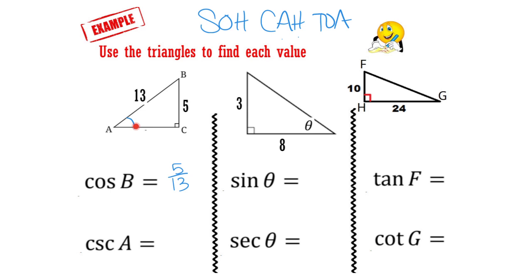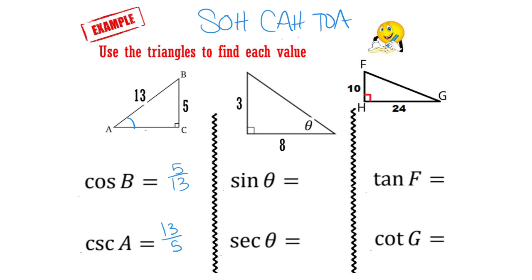From angle A, hypotenuse is 13, opposite is 5, so it's 13 over 5. I got lucky that I didn't have to find that missing side. I waited to see if I needed it rather than just jumping right in and finding it.